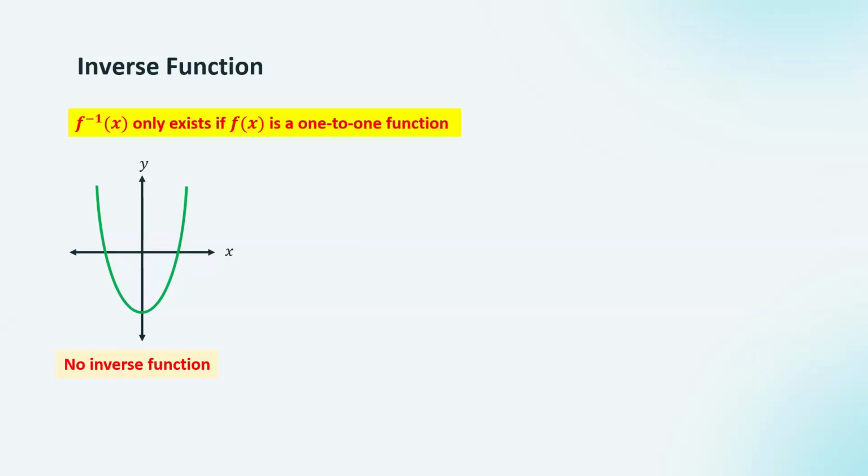We know clearly that a quadratic function will have no inverse function. But what happens if I cut the quadratic function like this? Now, as you can see, it's a one-to-one function because 1 y for 1 x and 1 x for 1 y. So that means this part of the function has an inverse.